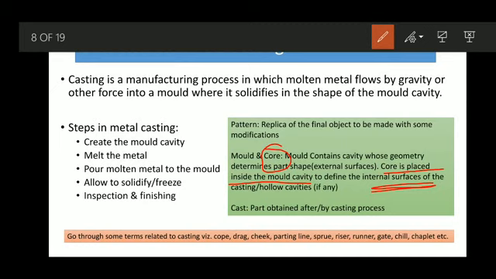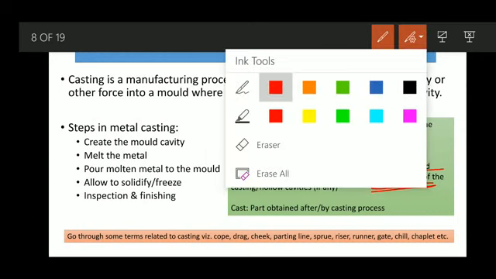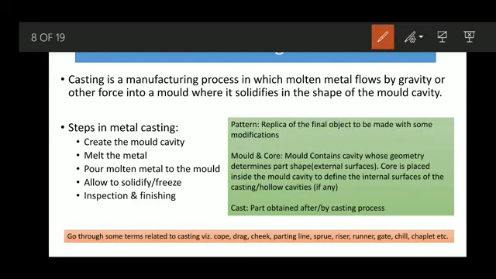It will be something like this. Suppose I have this kind of hollow shape, and from this side I insert the molten metal.